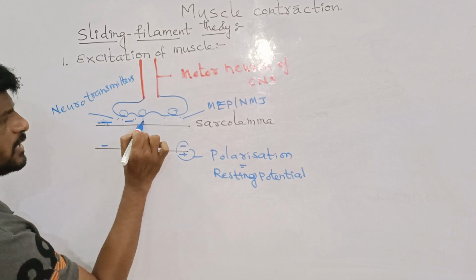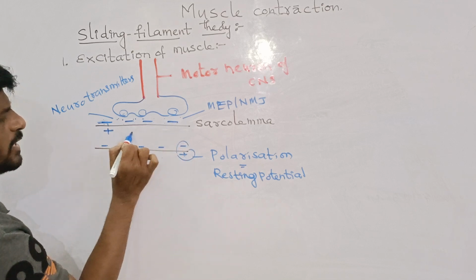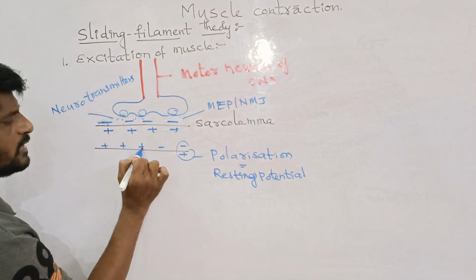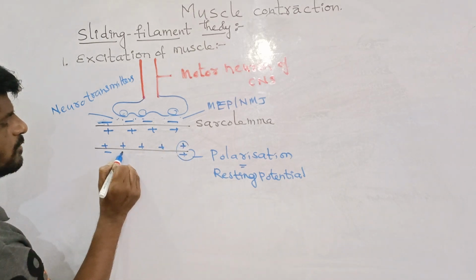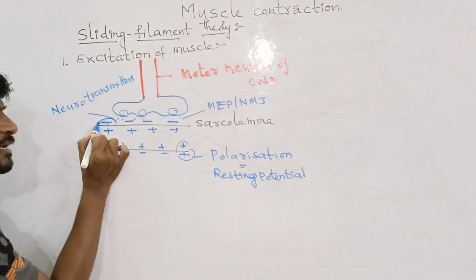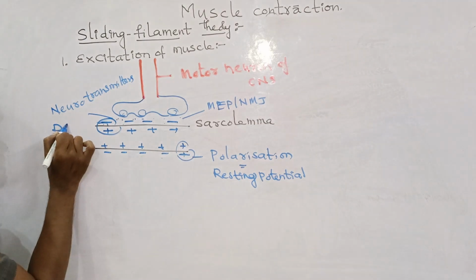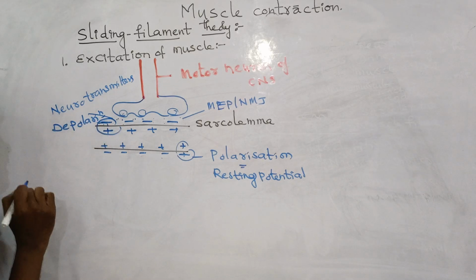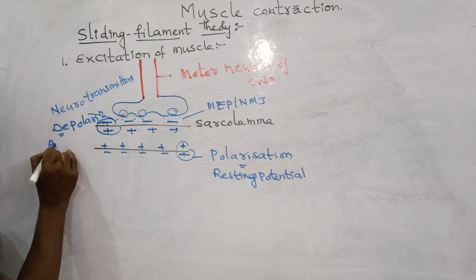Because sodium ions influx into the sarcoplasm, it is positive inside the sarcoplasm and negative outside. This change in the membrane potential is called depolarization. Depolarization can be called the action potential.